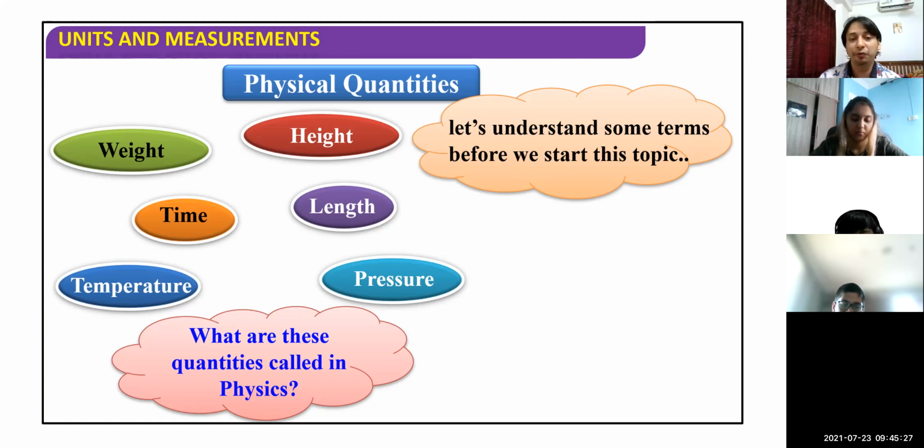We can measure weight, height and time, and so many things which can be counted or measured directly or indirectly by any means are considered physical quantities. This is the first topic, children, that you should remember: the meaning of physical quantity. This is just the beginning of this chapter. These are the basic terms that you should remember.